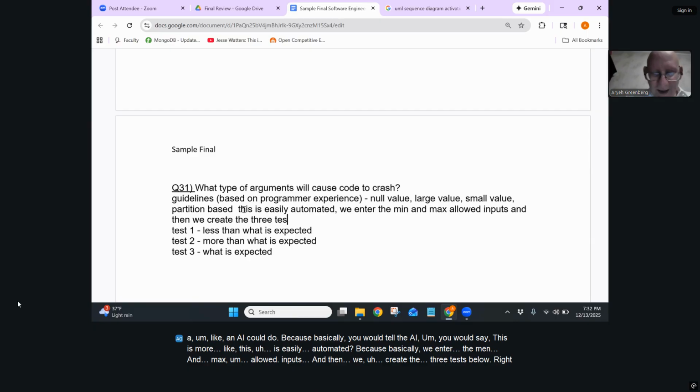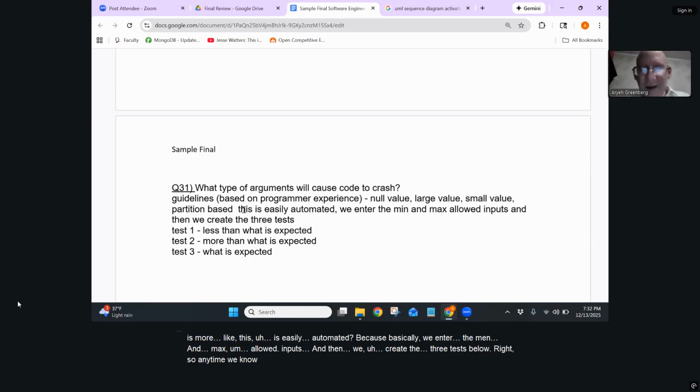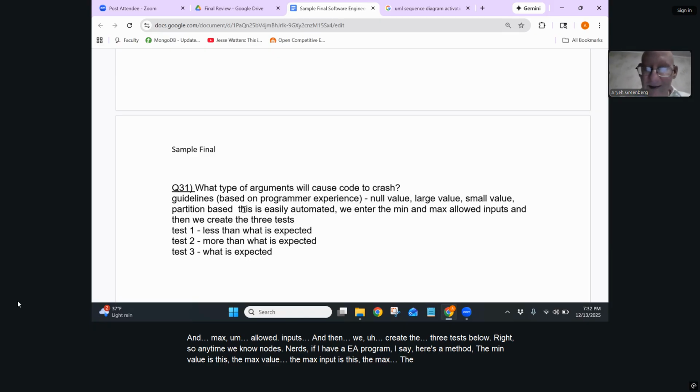In other words, if I have an AI program, I say, here's a method. The min input is this. The max input is that. And then give me some tests. It should automatically spit out, based on partition-based testing, three tests.